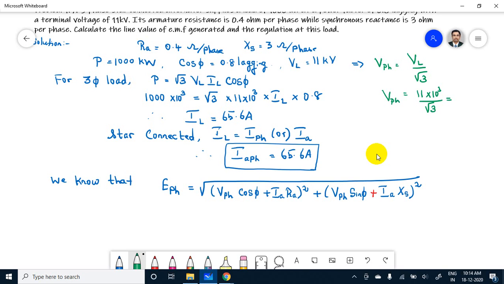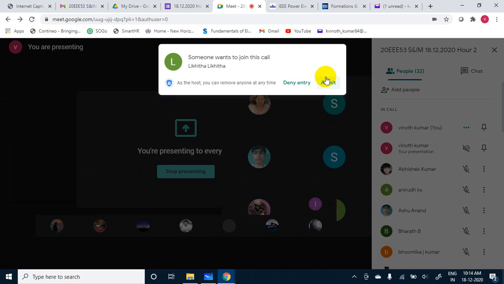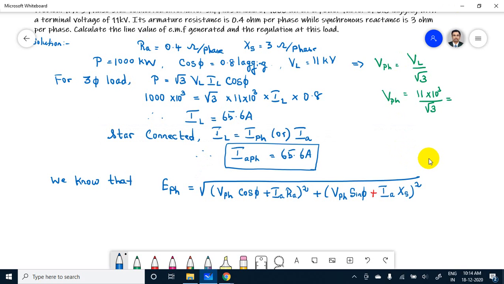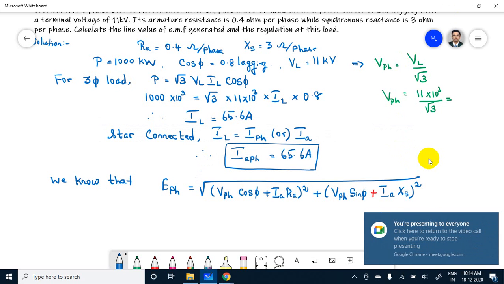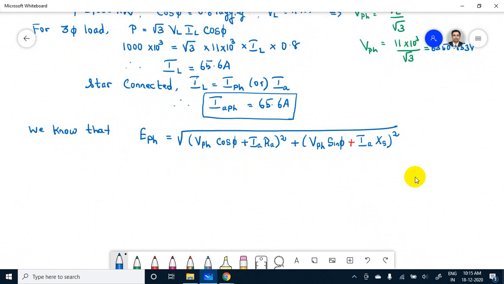Therefore, how much V phase? Can anyone give me the answer? V phase how much? 6350.85. Good. 6350.853 volt. Okay. So this value you have to substitute in your formula.